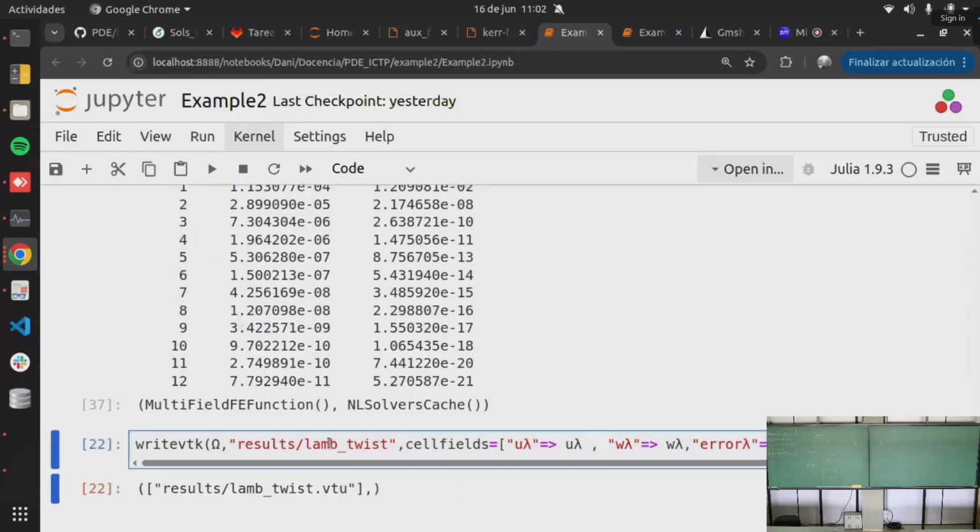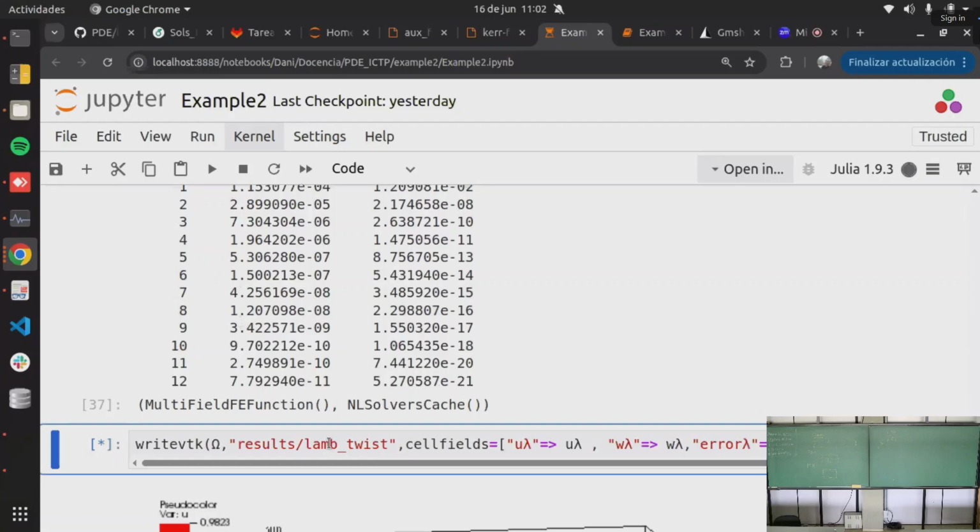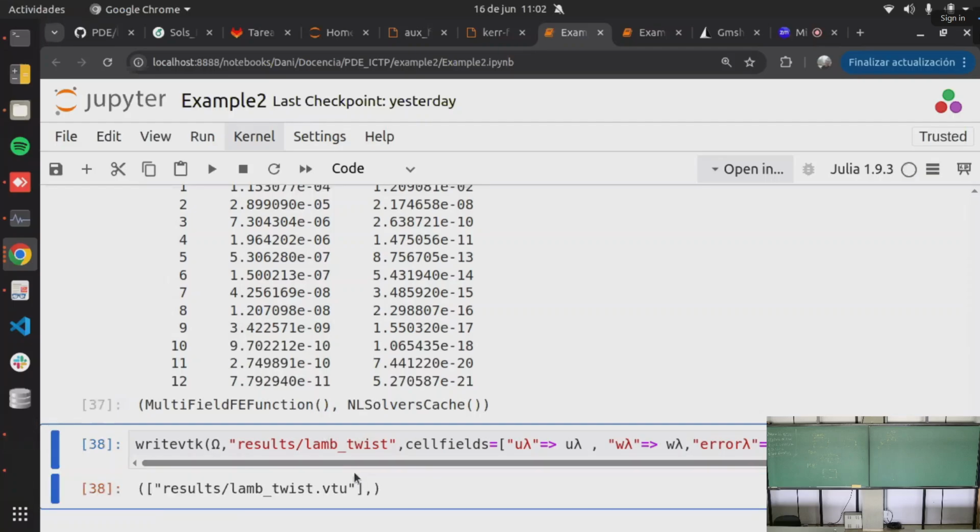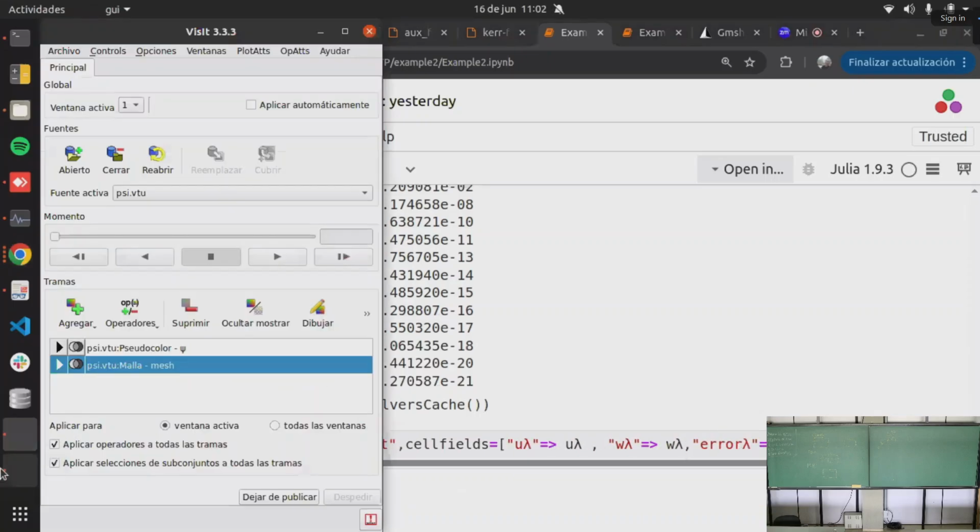After that we write a VTK file to see the solutions. I also compute here the absolute error with the exact solution.